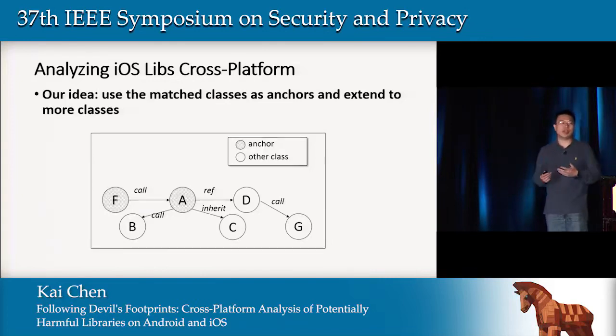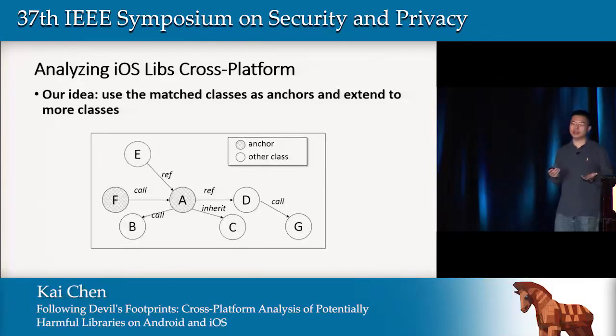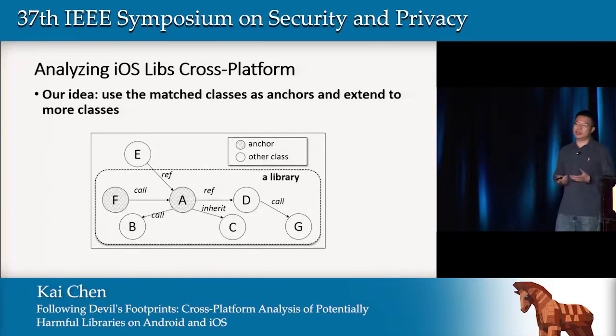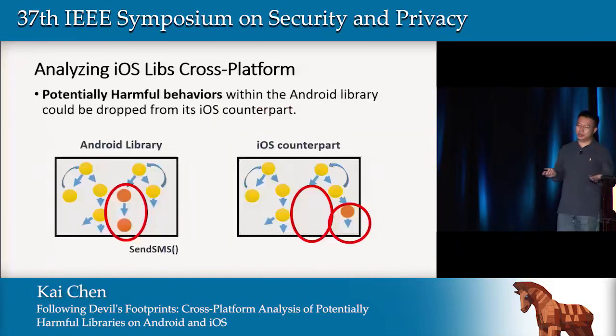So our idea is to look back to the Android code and find if there is a similar class, F prime, that also calls A. And if F prime has some shared strings with F, we think that F is inside the library. But E does not meet this constraint. So finally, we get this library and it removes E.